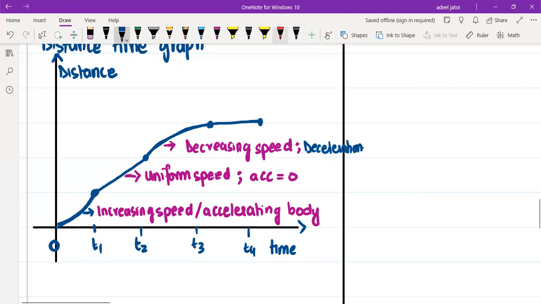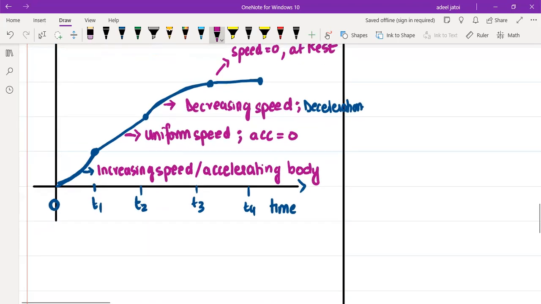Similarly, at this point, the speed is equal to 0, or we can say at rest.